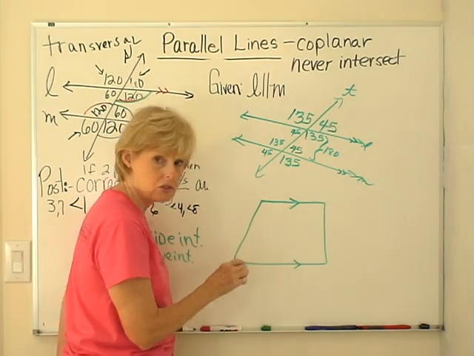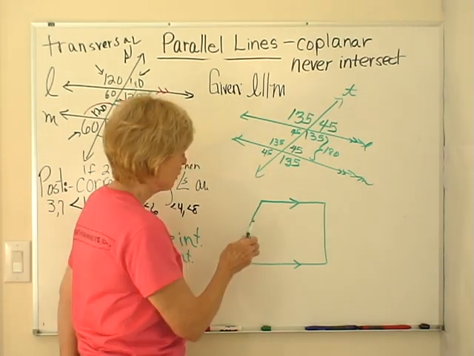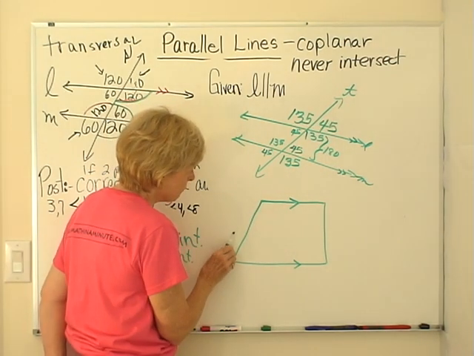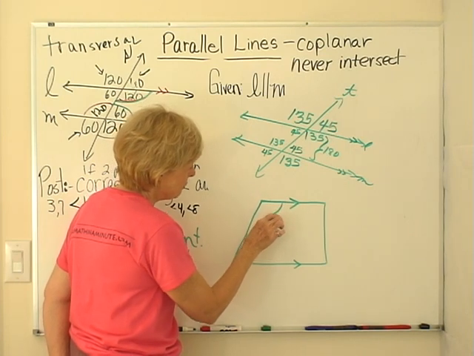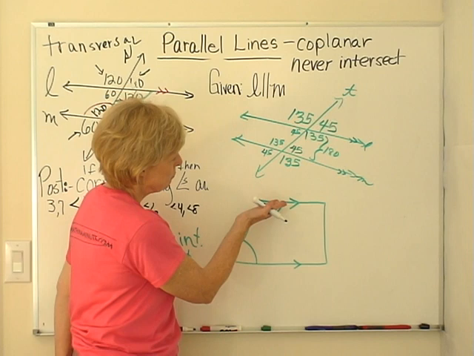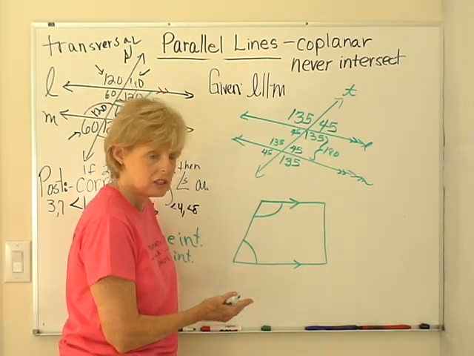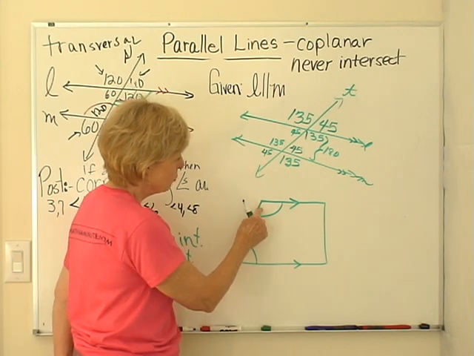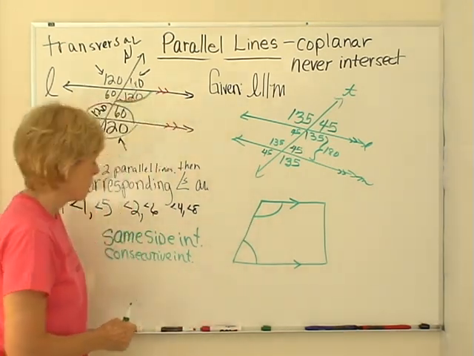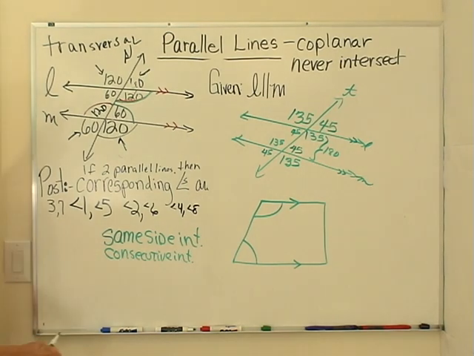because the only angles that you've got with this transversal, and you make sure you stay on the same transversal while you're working these. So I'm on this transversal, then the only angle I've got is this one and that one. So if I'm inside between two parallel lines and I have a transversal, what did we call those? Well, we call those same side interior angles or consecutive interior angles.